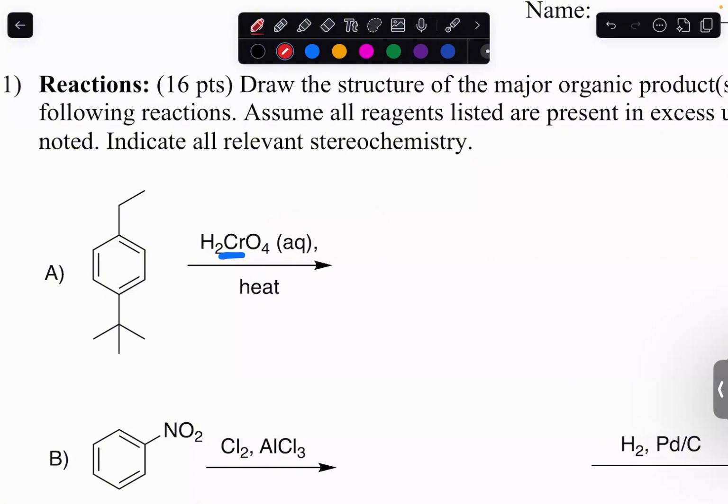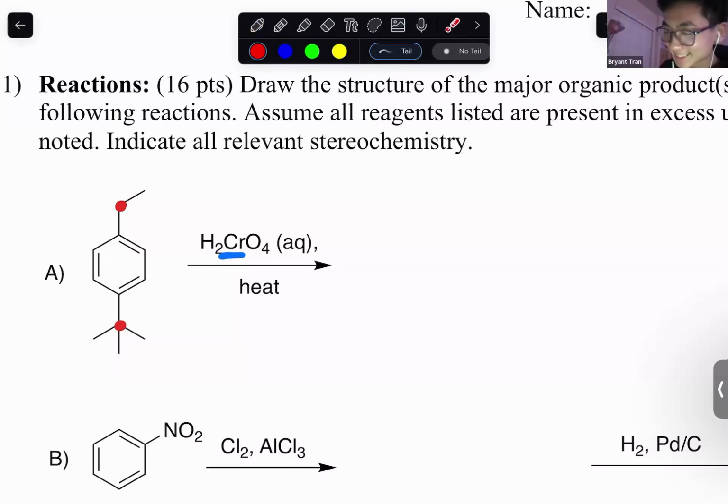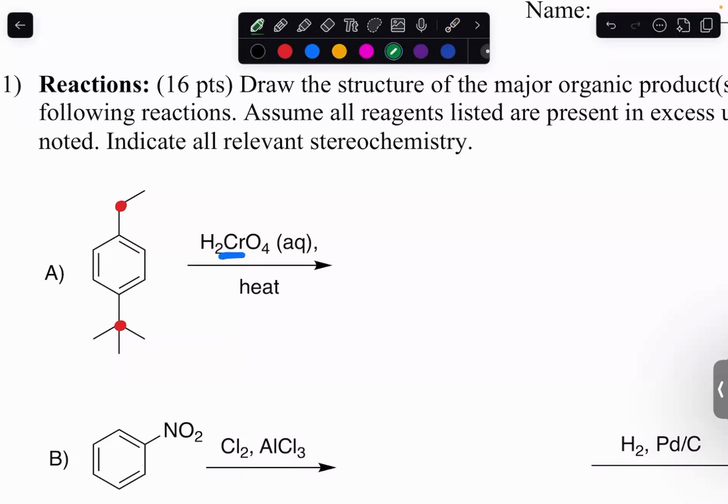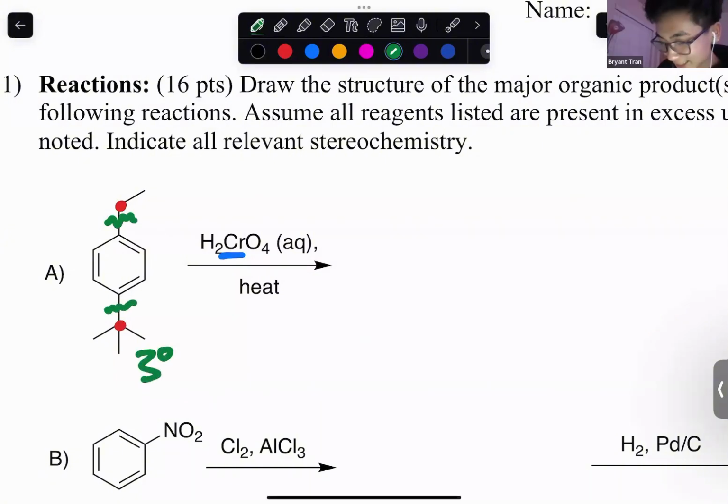Isn't it like the branches, if it's primary, secondary, tertiary, in which primary and secondary will form a carboxylic acid, but tertiary you won't do anything to it? Yes, that's right. Like this one here is tertiary, this one here is primary. Another way that you can think about it, that's correct, nice, is that look for the benzylic carbons, right?